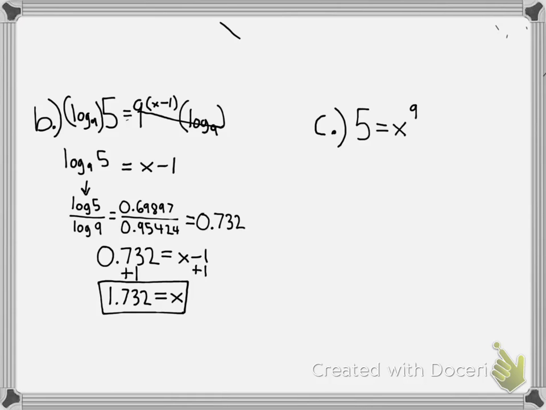With 9, it's the same way. We have to take the ninth root. However, since most calculators don't have a ninth root function, we can do this using the cubed root by breaking up x to the ninth into x cubed times x cubed.